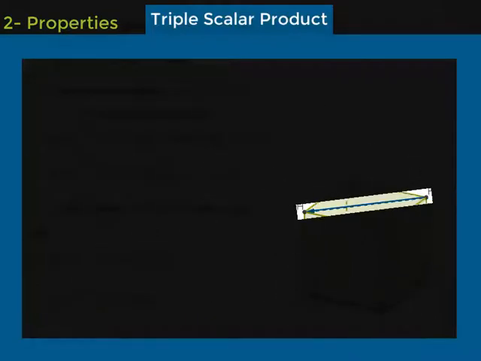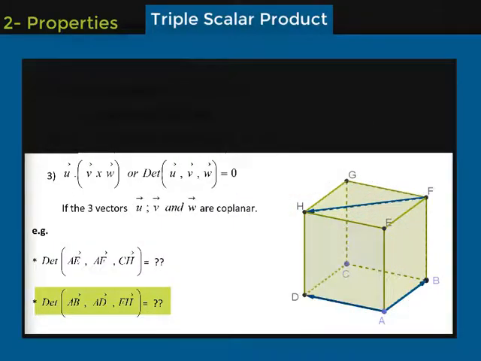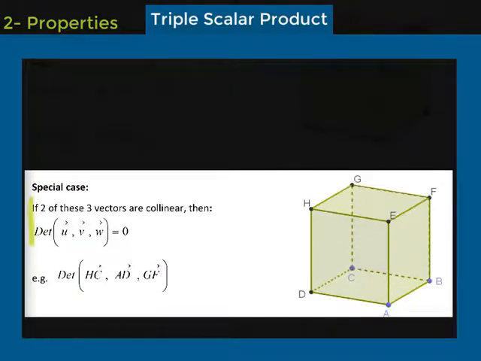In fact, the vector FH is equal to the vector BD, so these three blue vectors are coplanar, so their determinant is equal to 0. Special case: if two of these three vectors are collinear, then the determinant of u, v, w is equal to 0.